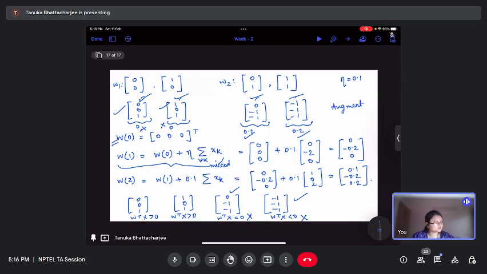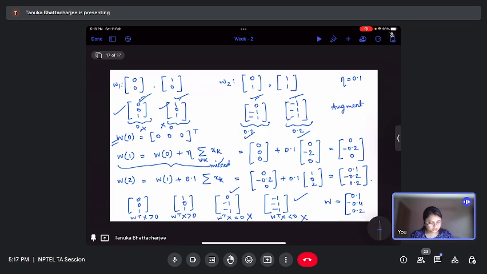Like that you will have to keep on doing the iterations until you are able to correctly classify all the 4 samples. That is, W transpose X is positive for all the 4 samples. If you go for 2 more iterations, the final W that you will get will be 0.1 minus 0.4, 0.2.